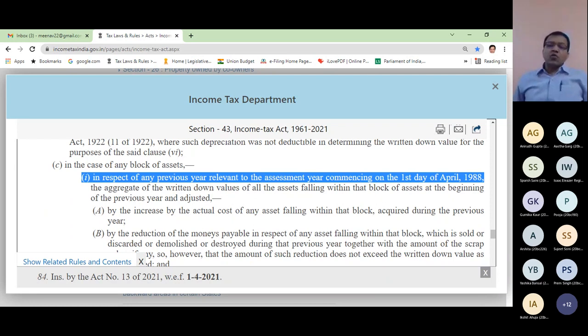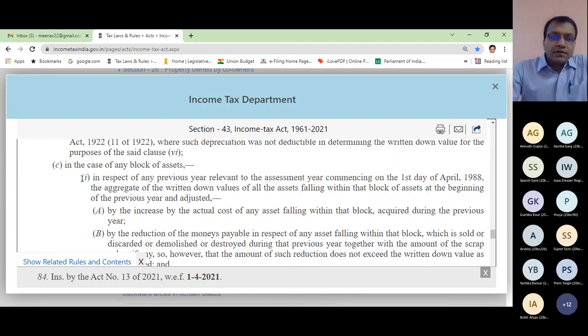Assessment year commencing on 1st day of April 1988. So which is the assessment year commencing on 1st day of April 1988? It is assessment year 1988-89, that's it. So subclause 1 talks about computing the block of assets for which assessment year?